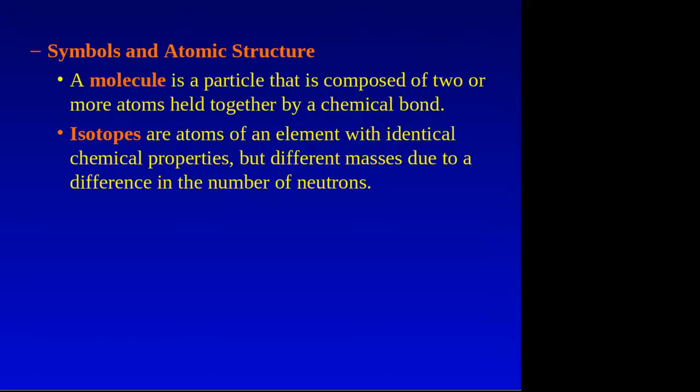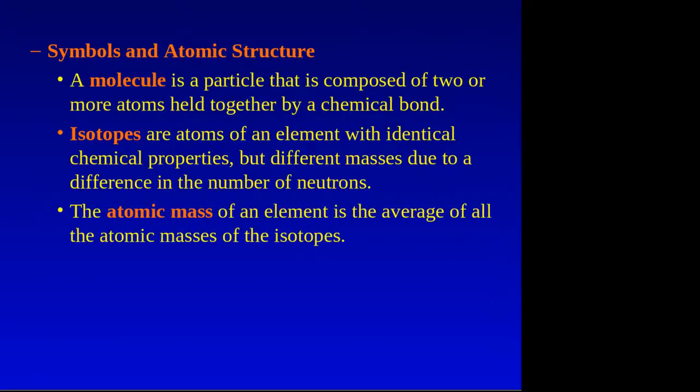An isotope is the same element but different masses because it's got some extra neutrons in it. And so the atomic mass is the average of all of the mass of an isotope.